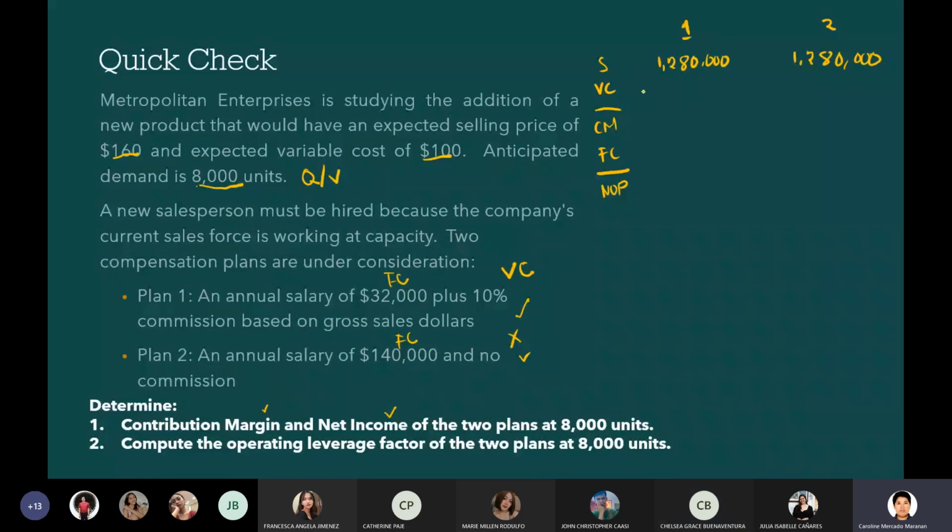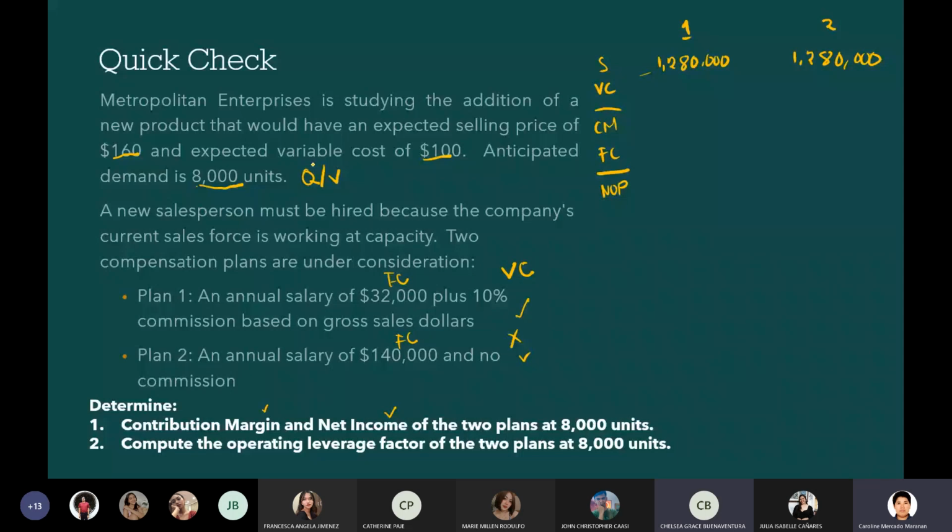Yung una munang variable cost. Magkano variable cost? 32,000 times 10%.